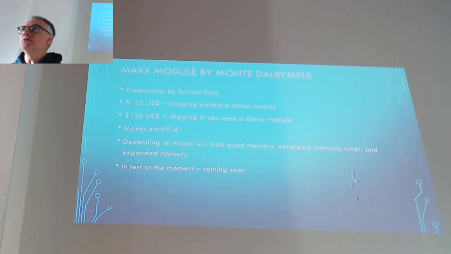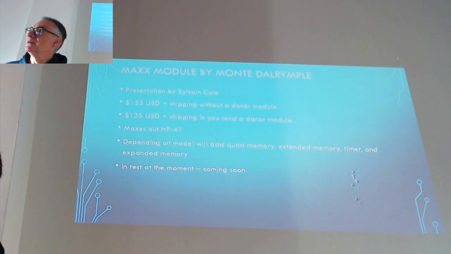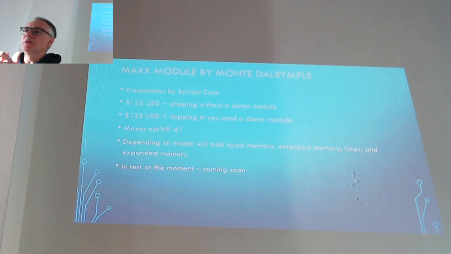So if you've got a 41C, it will give it quad memory, extended memory, a timer, and 64K-ish of expanded memory, which you can use through Anhill's additional routines. So it turns it into a mega machine.